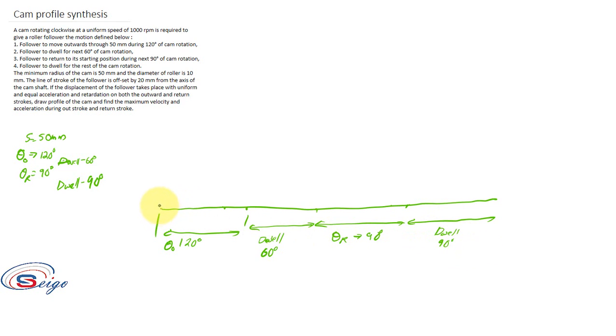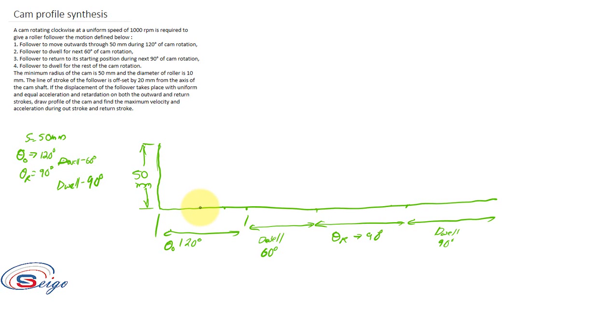Next you have to draw the vertical line, and the dimension of this vertical line is 50 mm. This is actually the stroke length of the follower. Next you have to divide this portion into 8 equal parts.